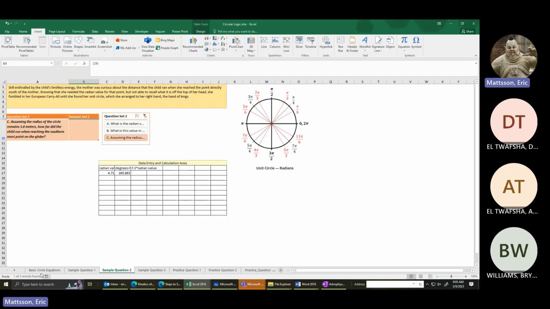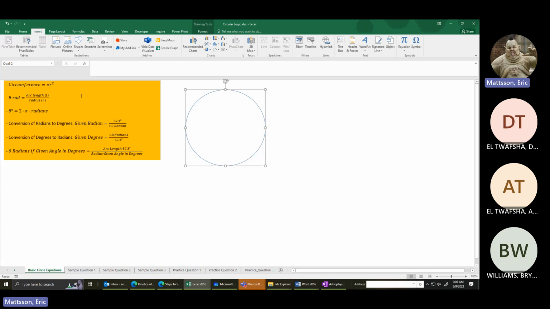So let's go look at our equation. We want to find an equation that has angle in degrees, arc length, and radius. So let's see what we can do here. Circumference, we don't have any circumference. Here's an angle in radians, arc length and radius. Here's an angle in degrees, which is 2 pi in radians, but there's no arc length in there though.